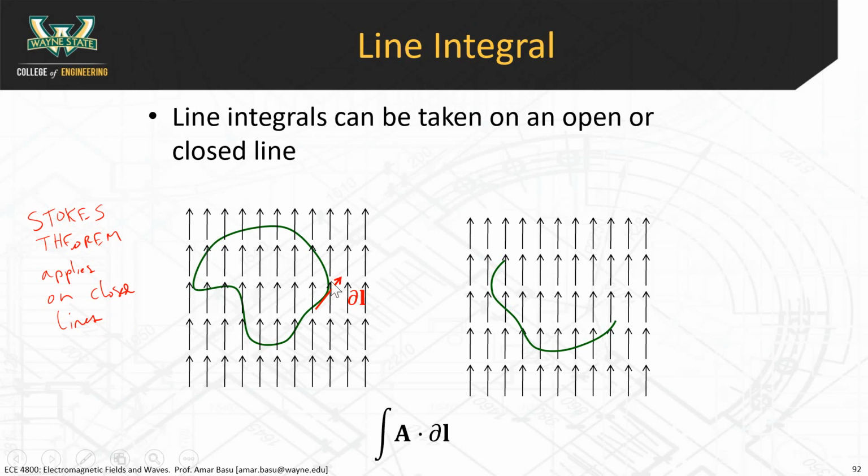You can do line integrals on closed lines. You can also do line integrals on open lines. But when you have a closed line like this, then the Stokes theorem can be used as an alternative way to calculate the circulation. We'll get into that in just a second.